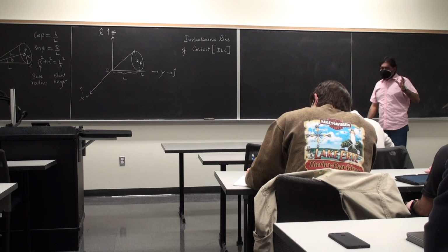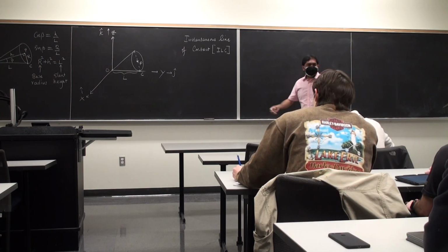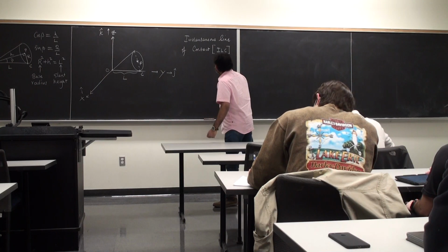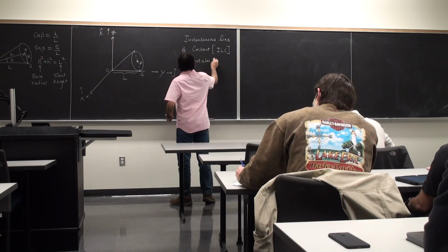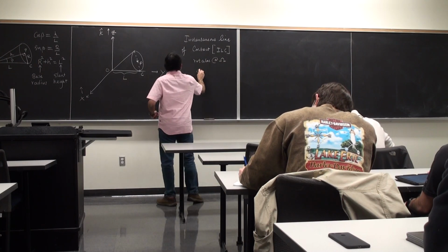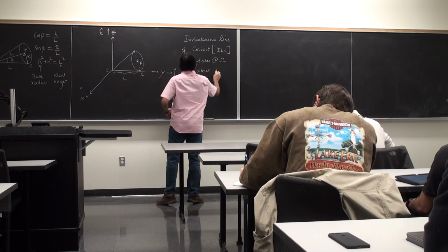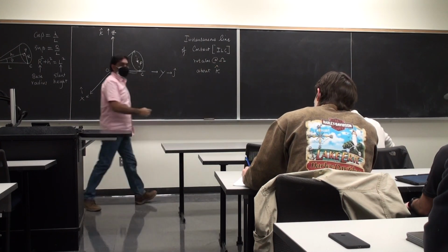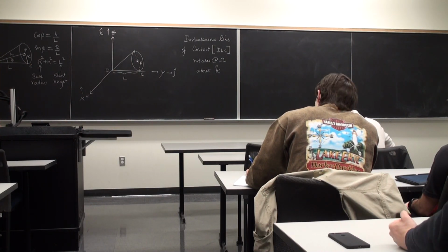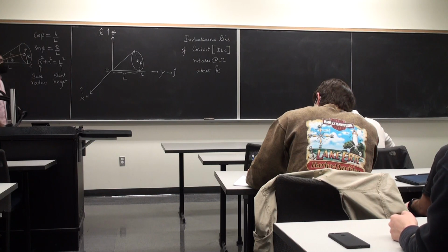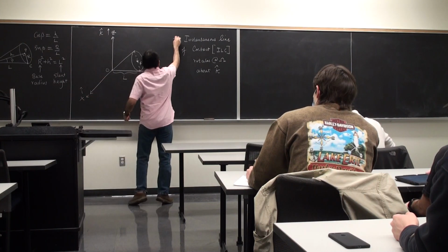Typically for two-dimensional bodies. This is just a line for a three-dimensional body. So this is rotating at omega about the unit vector k. And it's a rolling without slip. The cone itself is rolling without slip.